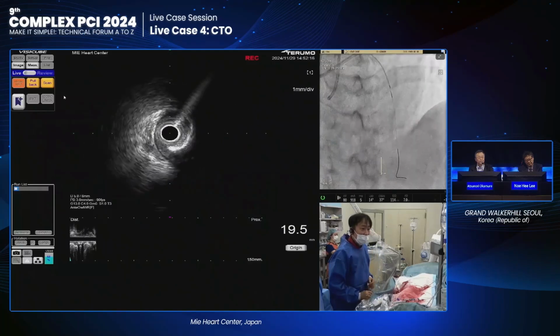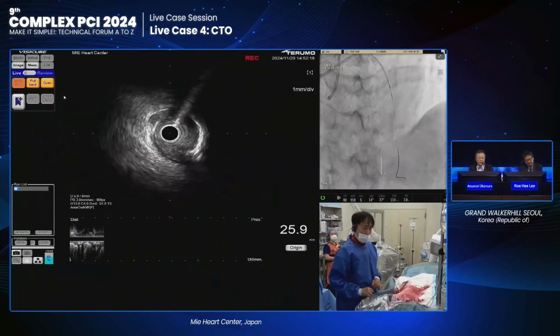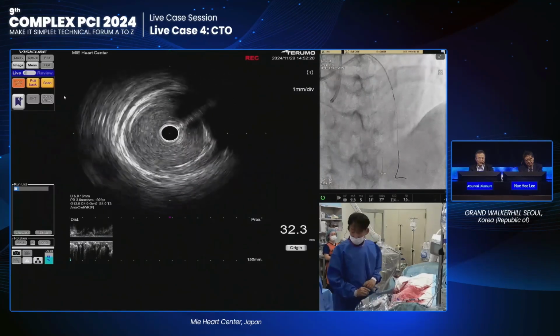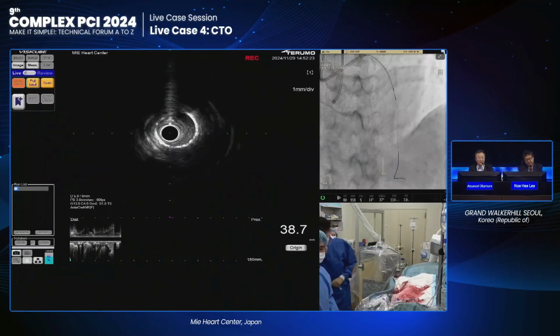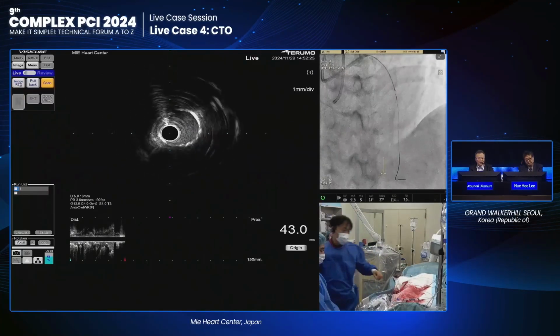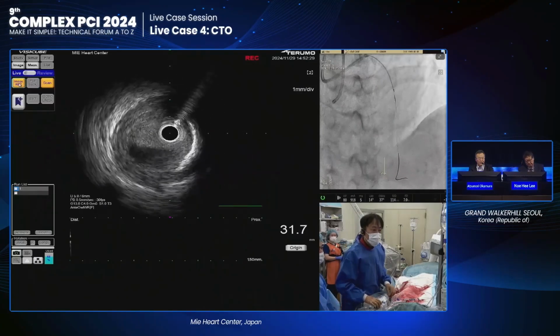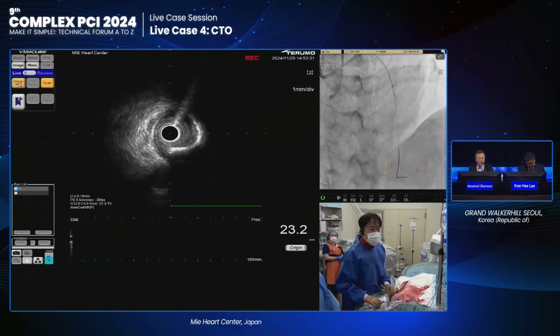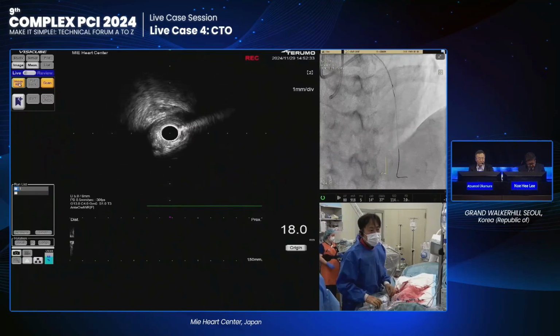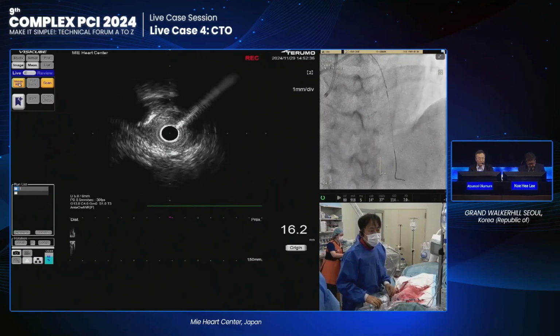Probably this is the diagonal, right? Yeah, maybe it is connected. I hope so. Okay, this is almost the orifice of the CTO.